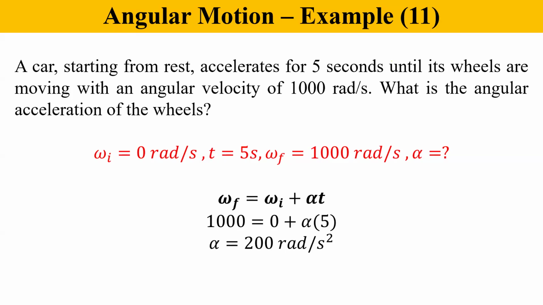So the very first equation can help you with that, where you have final angular velocity equals initial one plus alpha t. You just simply substitute for the unknown, and you end up with alpha equals 200 rad per second squared. Which is pretty straightforward.